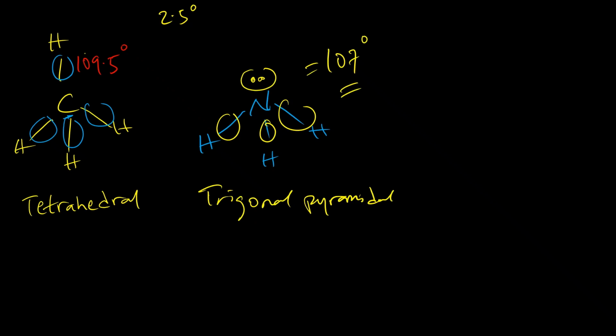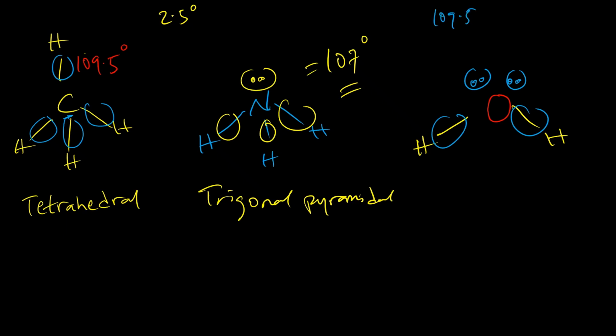Now let's look at water. Water is an example of a bent shape, right? In water, the center atom is oxygen, and oxygen also has 4 things attached to it. It has 2 hydrogens attached to it, and it has 2 lone pairs of electrons. So basically 1, 2, 3, 4. If it has four things attached to it, it's expected to have 109.5 as tetrahedral, right?